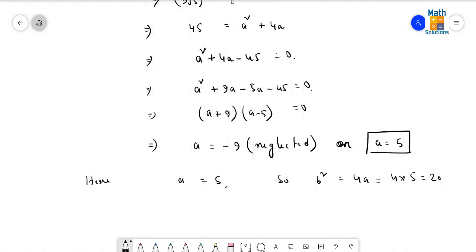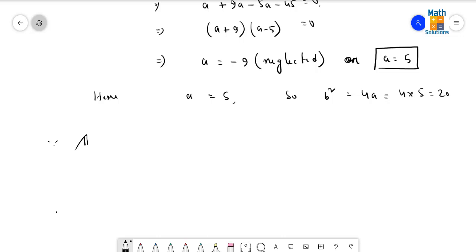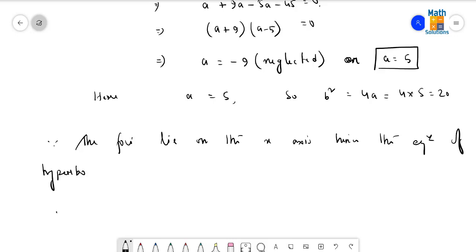Yes or no? Again, the foci lie on x-axis. Yes or no? So since the foci lie on the x-axis, hence the equation of hyperbola takes the form x square by a square minus y square by b square is equal to 1.